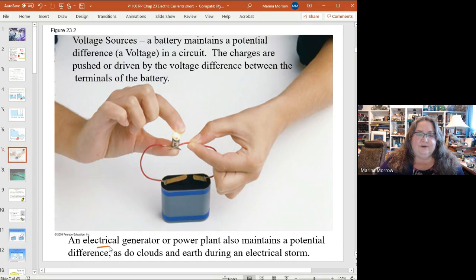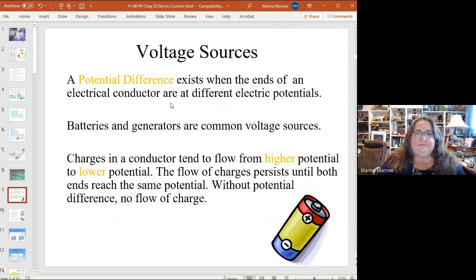So, of course, if you don't have batteries, if you're running it off the outlets in your house, then, of course, it's a generator or a power plant that is maintaining that potential difference in your house of 120 volts. So the ends of an electrical conductor have to be at different electrical potentials, right?